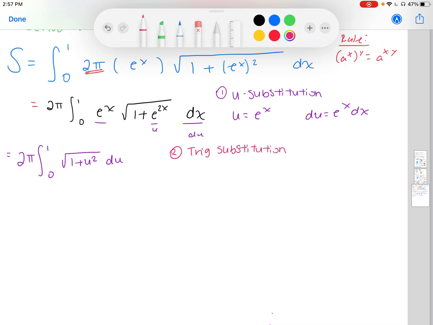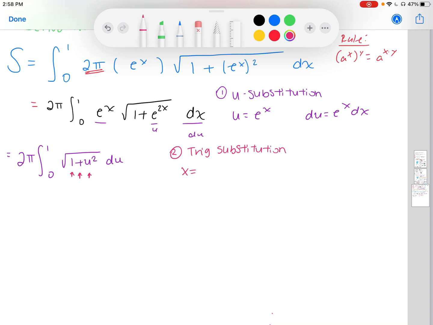All right, let's look back into section, I think that was section 7.3. Look back at your chart. Yeah, 7.3. And we see we have a constant plus a variable squared. So we have a plus, that tells us that we should have the substitution be a tangent theta, where a is your constant.